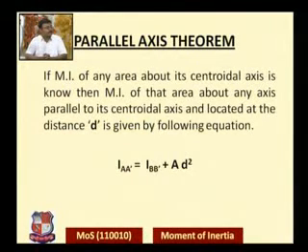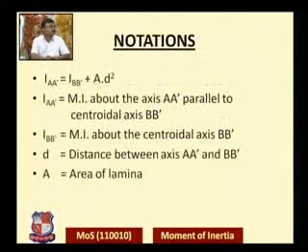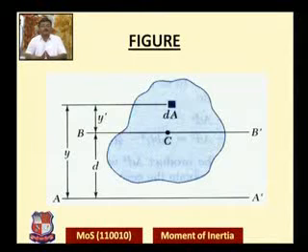Here I have just written the general form of the parallel axis theorem. As you can see in the figure, the given lamina has the centroid C, and BB dash is the axis passing through the centroid of this lamina. So we will refer to the axis BB dash as the centroidal axis.